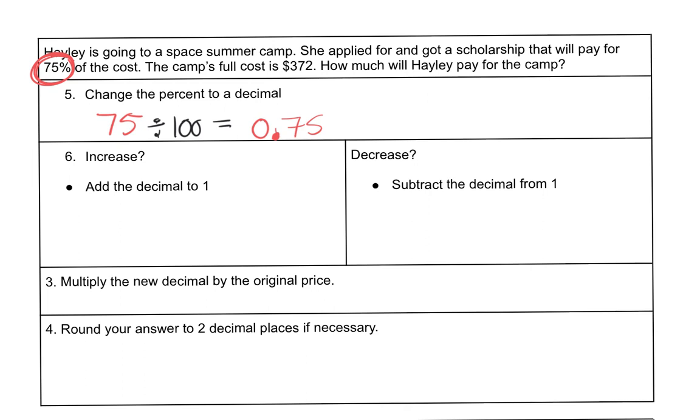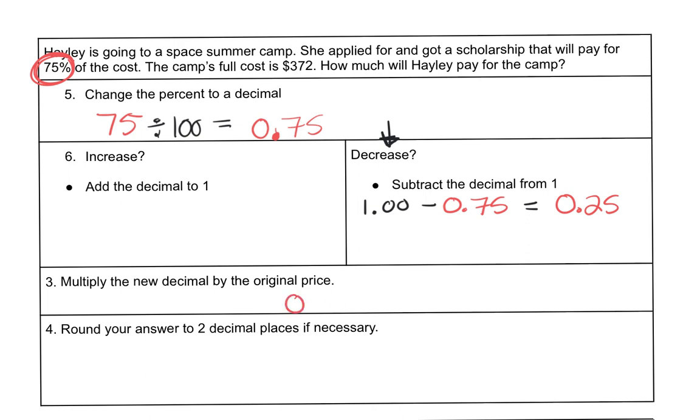So for a scholarship, that means that someone else is paying for that cost. So Haley has a littler cost to pay for. That's going to be a decrease. So we're going to take our 100% as a decimal, which is just 1, subtract the 75% that we're taking off, which means we're left with 0.25, 25% as a decimal left to pay.